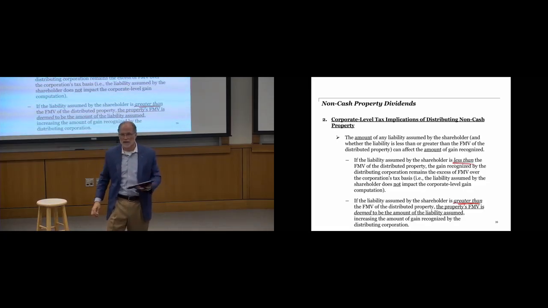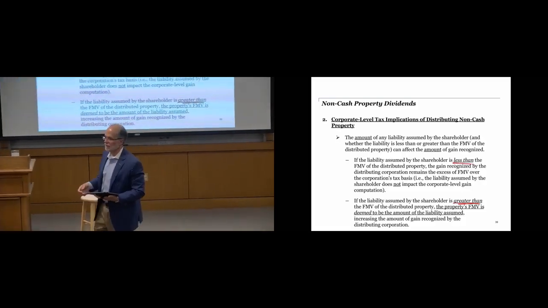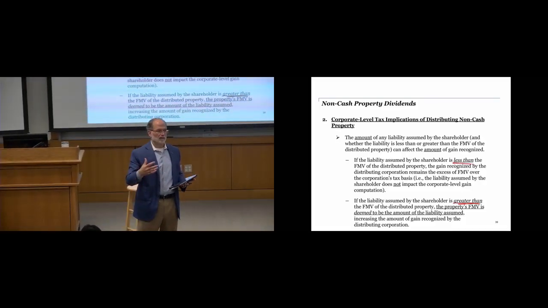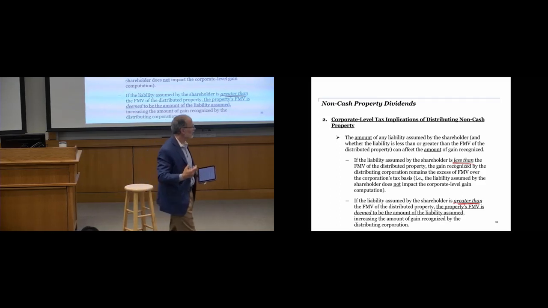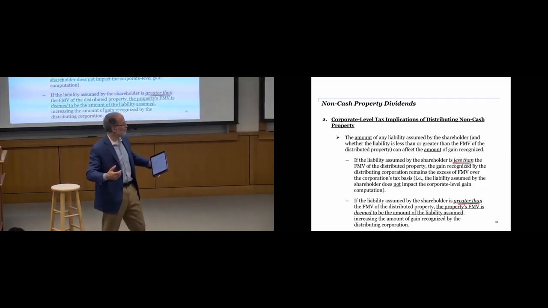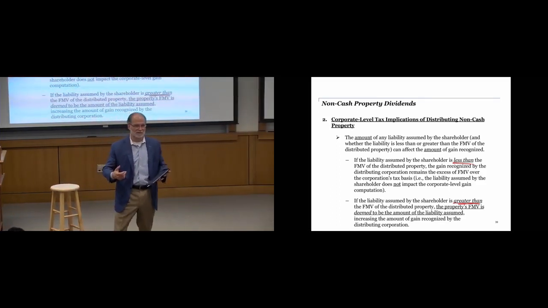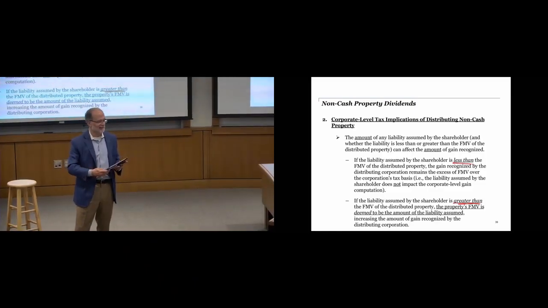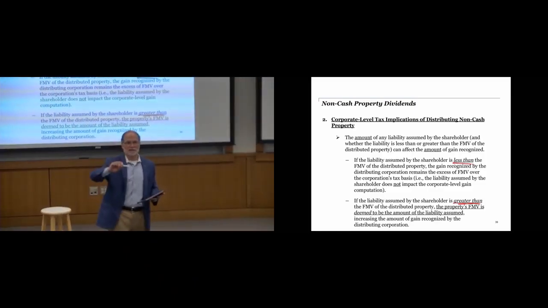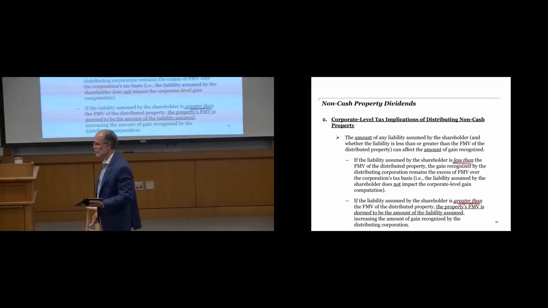I think this is a practical situation as well. Would I accept anything that would have more liability associated with it than value? I'd be like, that's a terrible deal for me. I'm stepping backwards, taking on net debt. So in that situation they deem the land or the property to be worth the amount of the liability if somebody were to assume that.